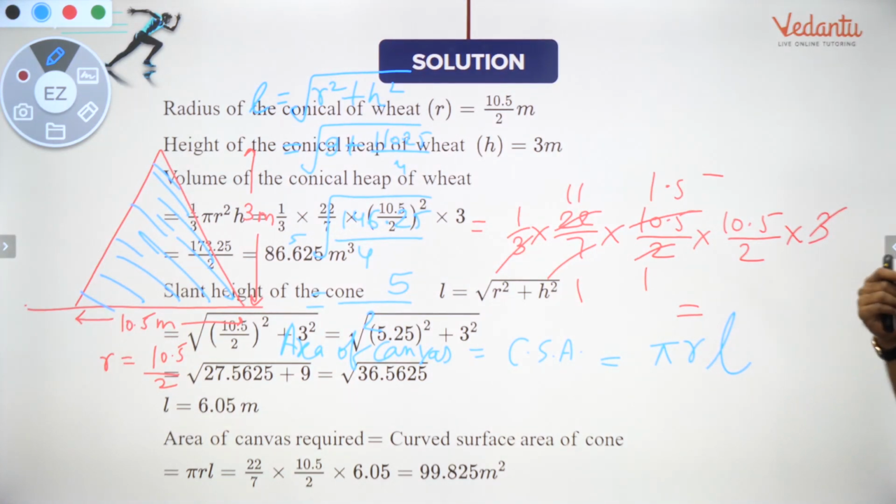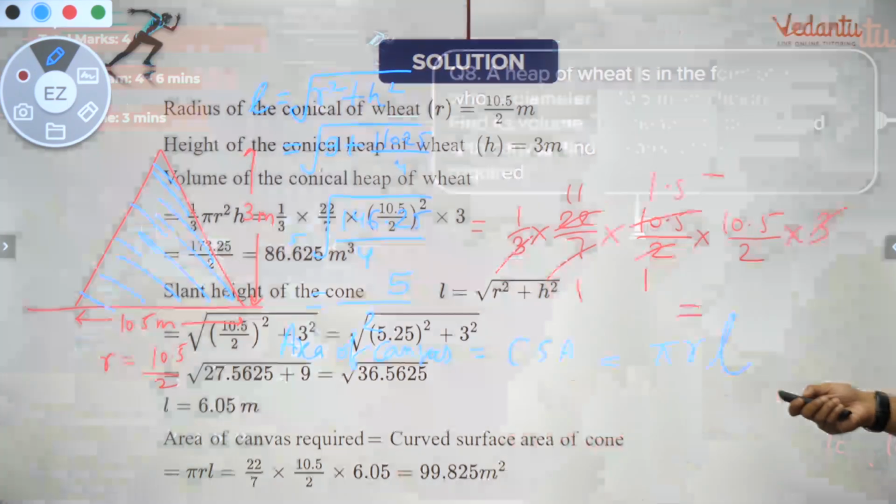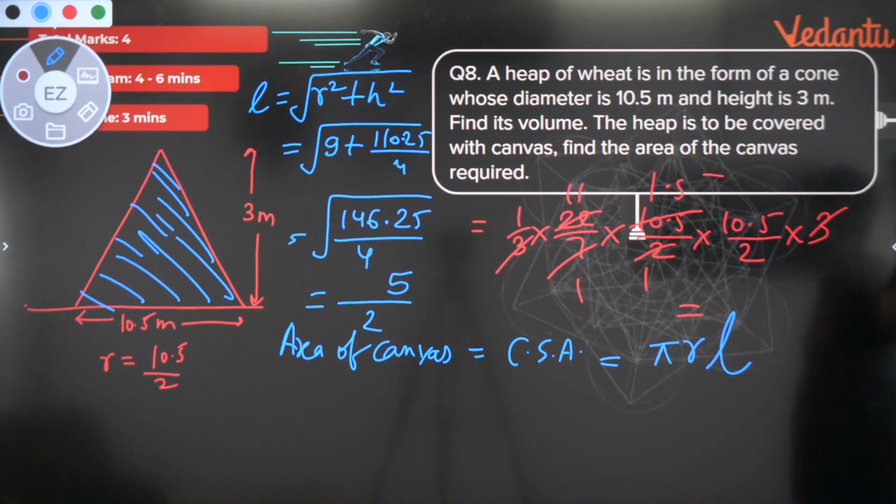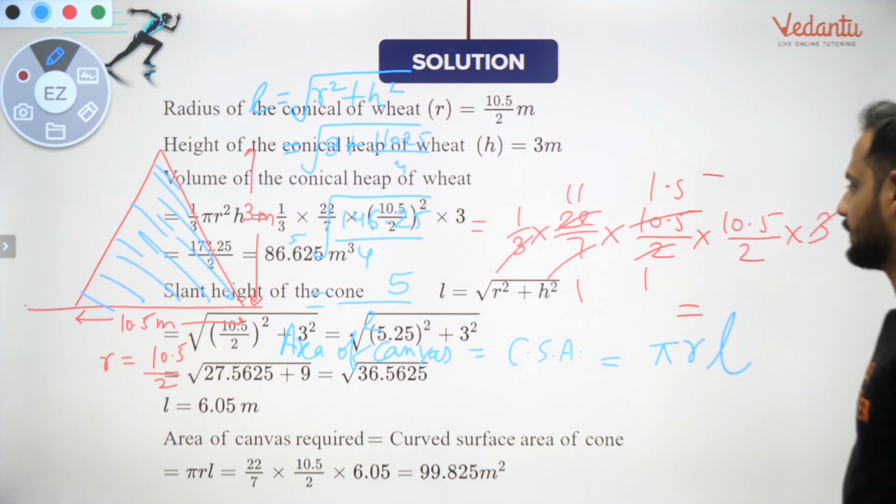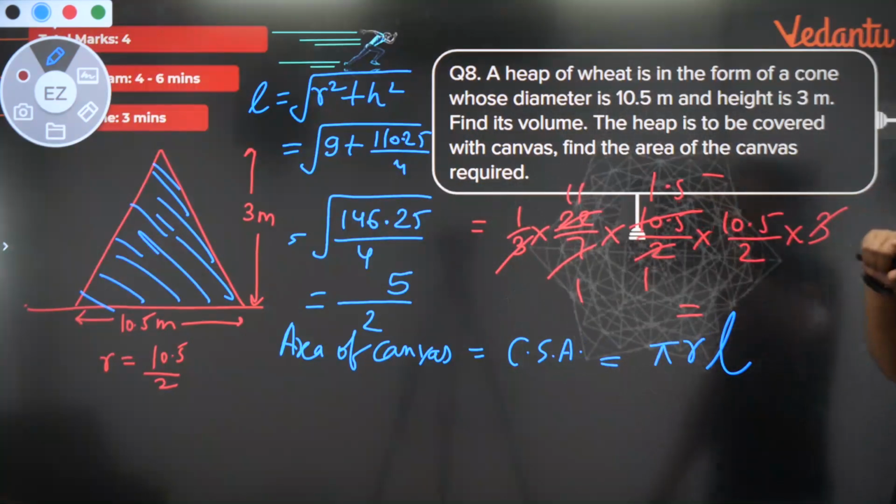So nearby answer somewhere we are getting nearby 6.05. If I convert it, 5.25 square is 27.5625, plus 9, so 36.5625. Have I made a mistake in calculation here?